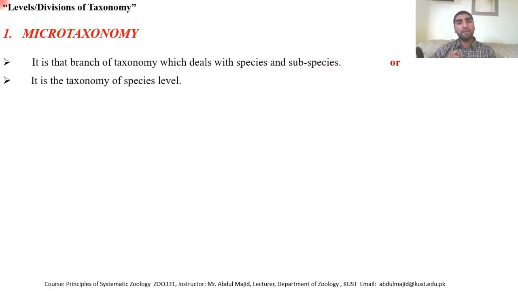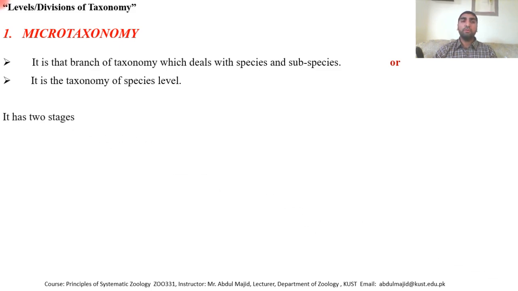When you are studying at species level or below, subspecies level, you are studying at micro level taxonomy. And when you start studying genus or above genus level, that is not microtaxonomy, that is macrotaxonomy, because you are going to upper levels, macro levels.